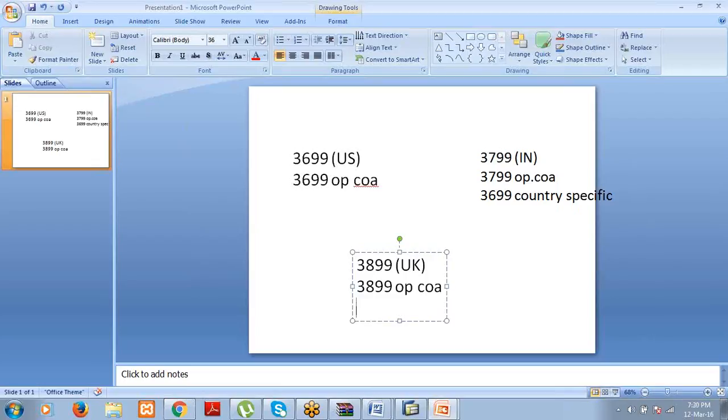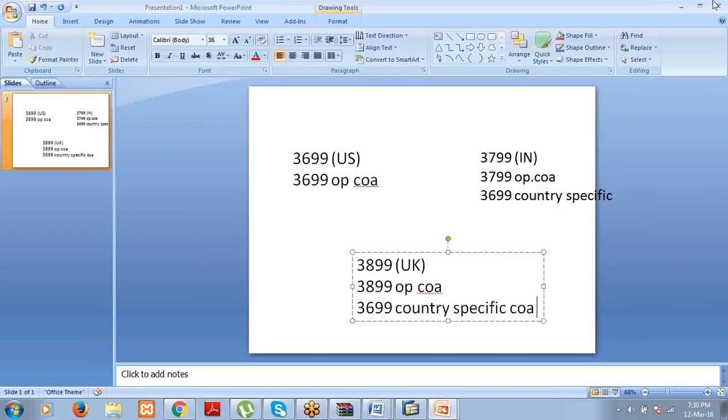Then again, the UK company code has to prepare the financial statements according to the legal requirements of the US Companies Act, for which you are using the 3699 chart of accounts. So this 3699 chart of accounts is called the country specific chart of accounts for the UK company code. Simply saying, the chart of accounts of the parent company code will be the country specific chart of accounts for the subsidiary company code. That is as simple as that.